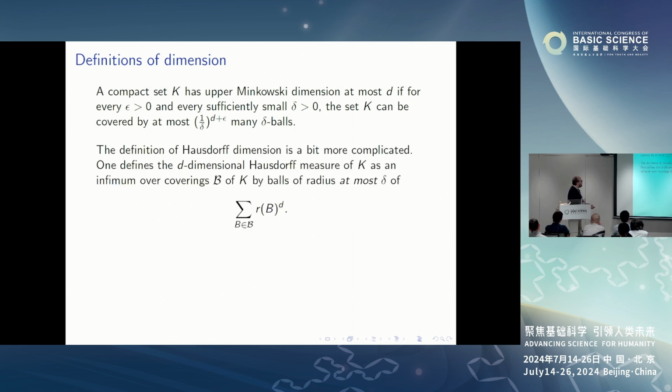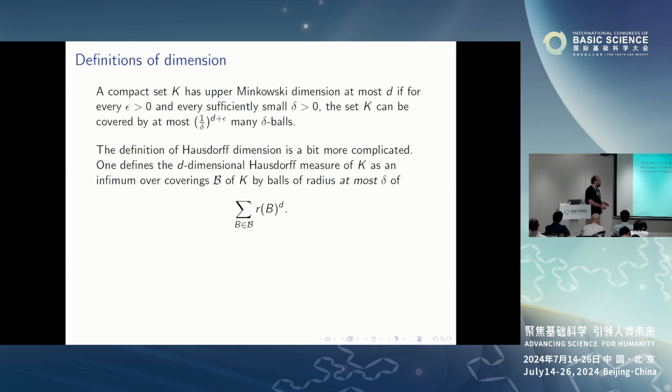And now for Hausdorff dimension, it's a little bit more complicated. One defines a Hausdorff measure as the infimum of coverings of the set by balls of radius at most delta. For each ball, one takes the radius and takes its power d.